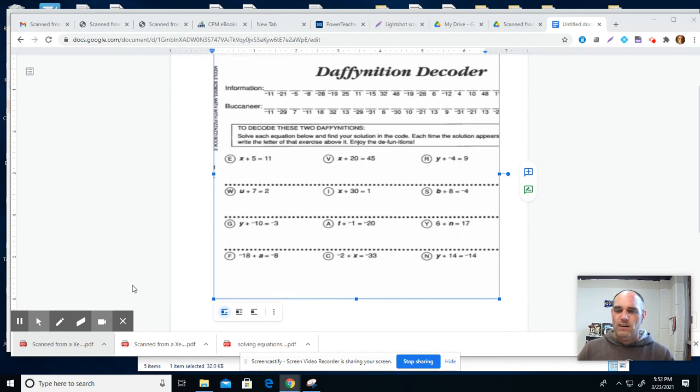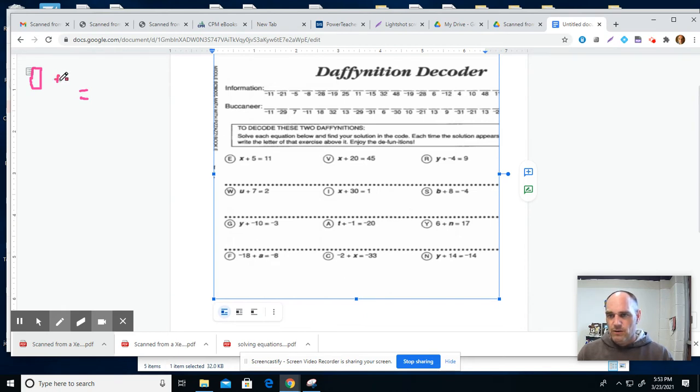So when we've done our board stuff before, we kind of had this idea that I've got a left side, like this is my left side, and this is my right side. So on my left side, I had an x tile, and then over here, I had 5 positives.